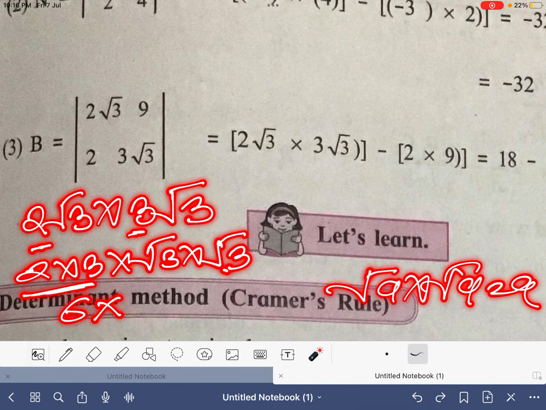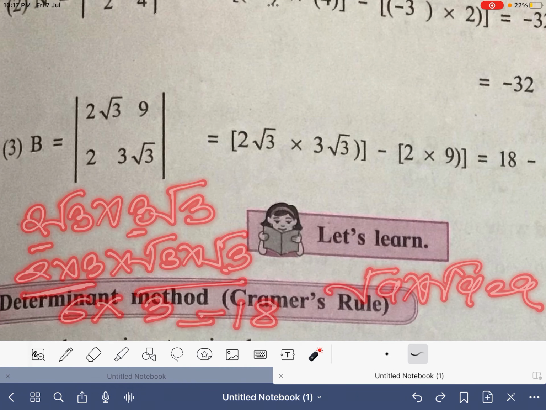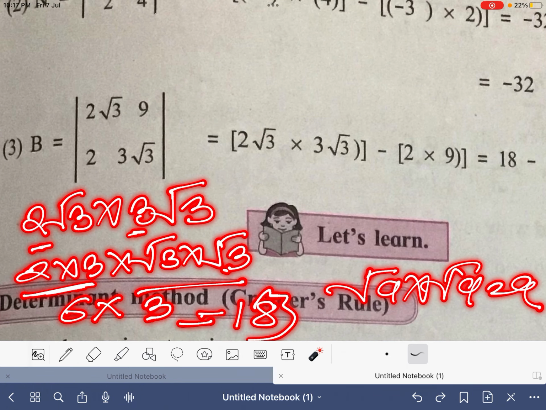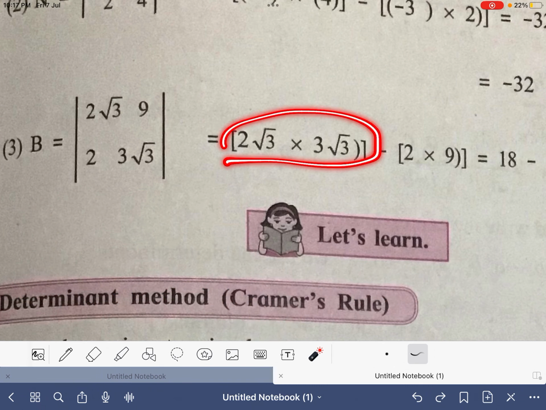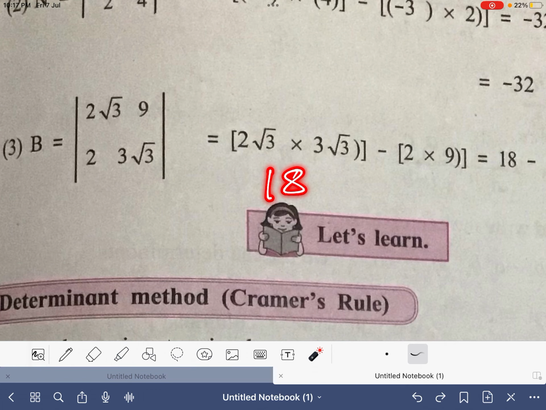Clear? So therefore 6 into 3 is 18. So your answer is 18. Means instead of this bracket your answer is 18.